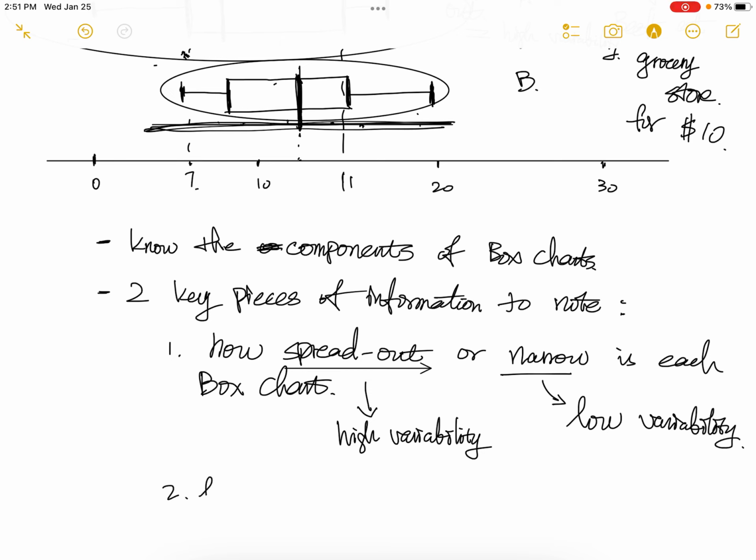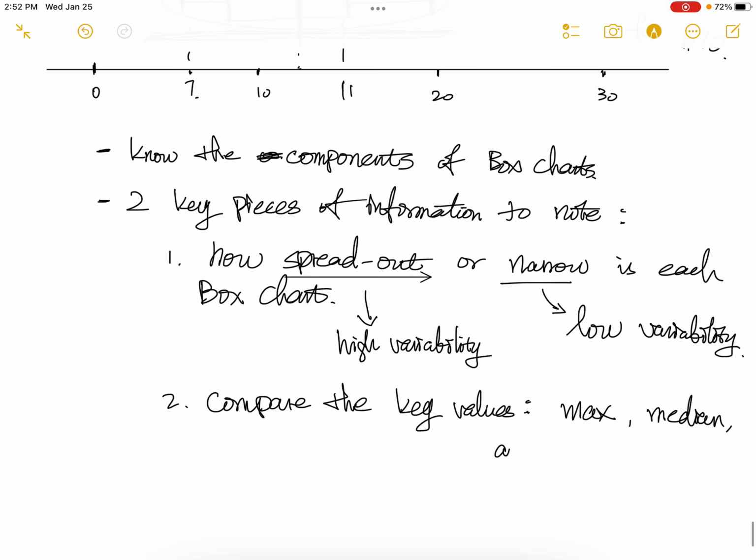And also, compare the key values. So notably, you're comparing usually the max, the median, and sometimes even the minimum.